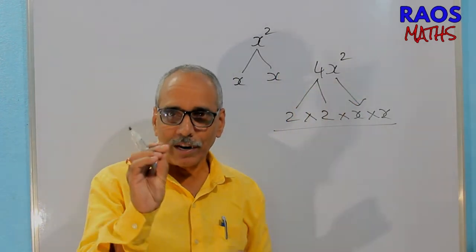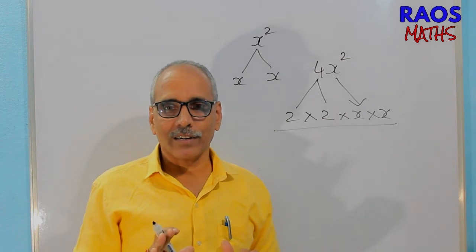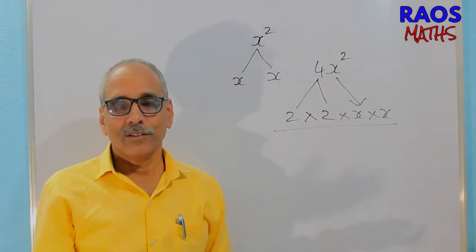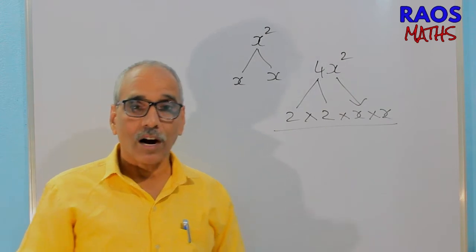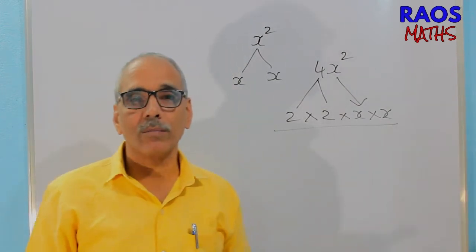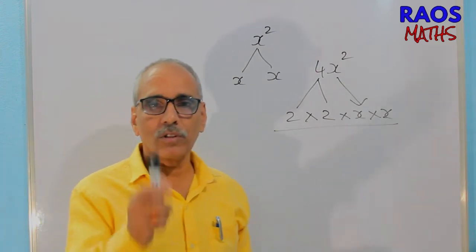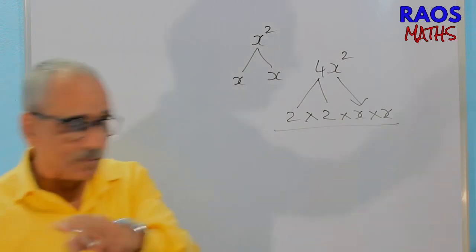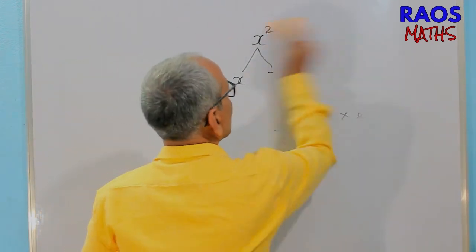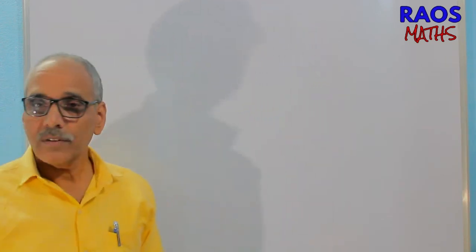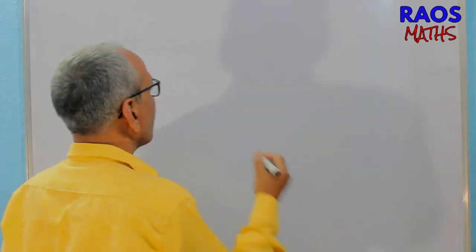Now we got a simple idea about how to write the factors of an expression in algebra. Most of the students wonder how to write the factors of a term without knowing the value of the variable. It's not necessary to know the value of the variable in writing the factors of an expression. Let's take some more examples to write the factors of some monomials.